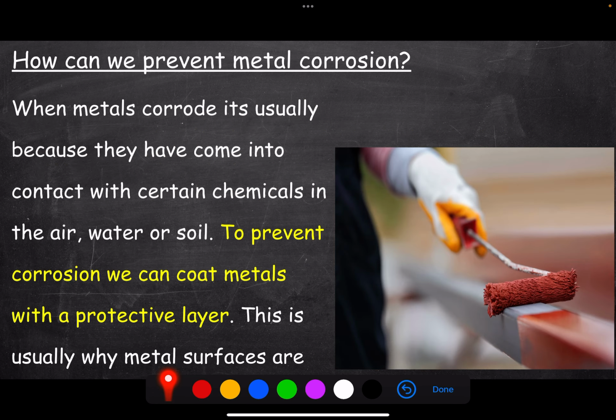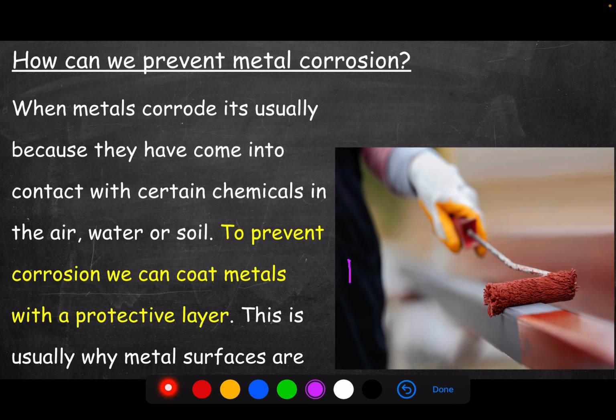So how can we prevent metal corrosion? Well, when metals corrode, it's usually because they have come into contact with certain chemicals in the air, water, or the soil. To prevent corrosion, we can coat metals with a protective layer. This is usually why metal surfaces are painted. Well, the word you don't see here, but that's what it is going to say, so I'll write it in for you.